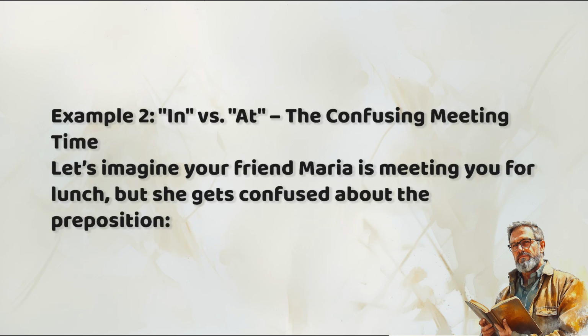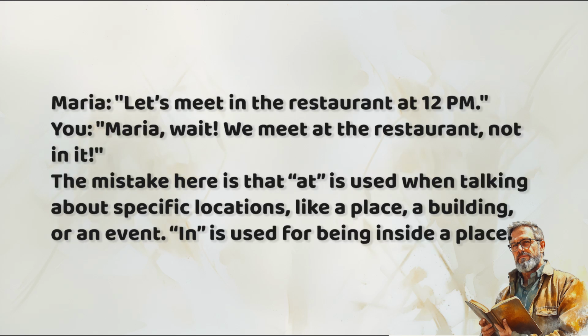Example 2. In versus at, the confusing meeting time. Let's imagine your friend Maria is meeting you for lunch, but she gets confused about the preposition. Maria says, "Let's meet in the restaurant at 12 p.m." You say, "Maria, wait.